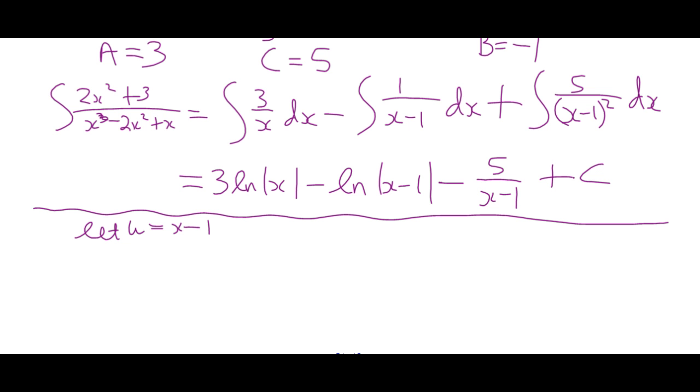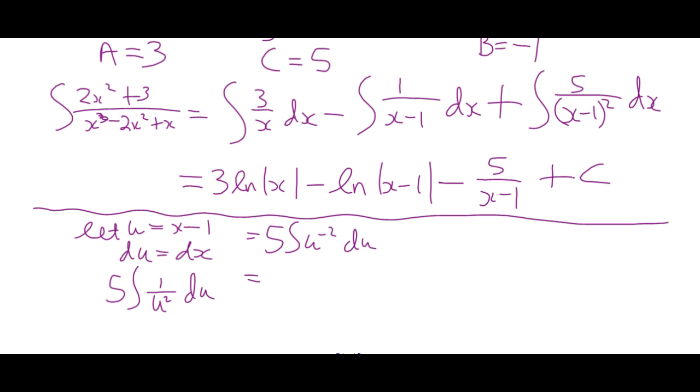The idea is we want to get a single thing in the denominator from the U-substitution. So you let u equal x minus 1. So du is going to be 1 dx, so just dx. And so we've got 5 times, the 5 is a constant so it comes out, and you've got 1 over u squared du, which is 5 times the integral of u to the negative 2.